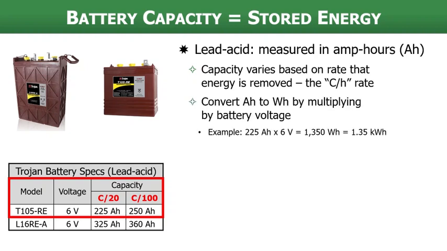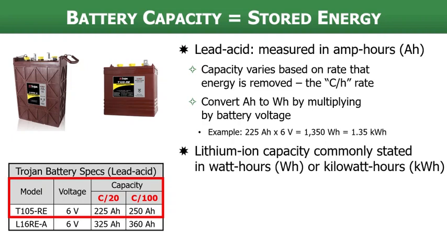We can convert amp hours to watt hours by multiplying the amp hour capacity of the battery by the nominal voltage of the battery. In this case, at the 20-hour rate, the C20 rate, 225 amp hours times 6 volts, we get 1,350 watt hours, or 1.3 kilowatt hours.